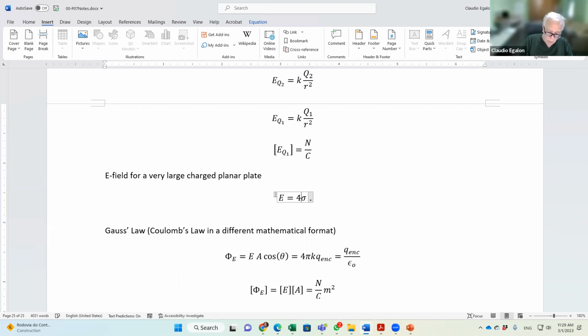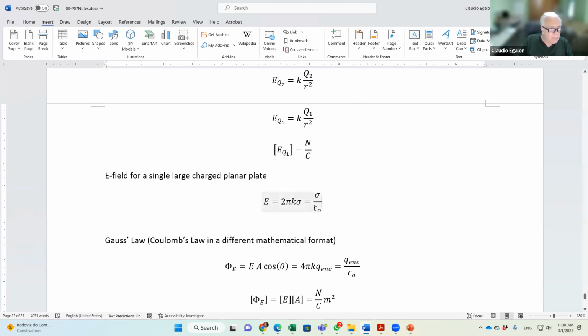By the way, the field of a single, very large charged planar plate is going to be something like 2 pi k sigma, which is sigma over 2 epsilon naught. Oh, there's a 2 here. Let's not forget there is a 2 here.